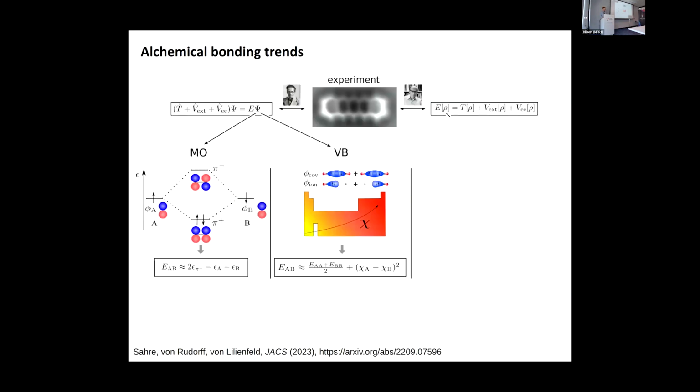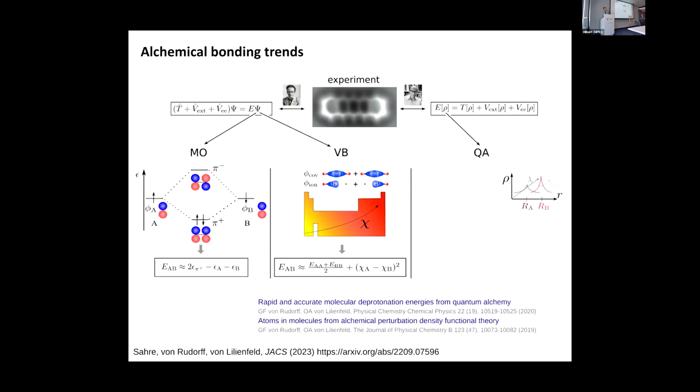We also found that you can describe the chemical bond between 2 atoms as a simple model making use of the nuclear charges of the 2 atoms.